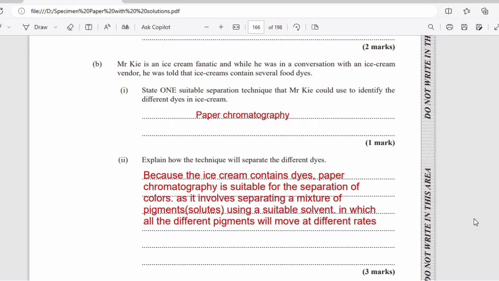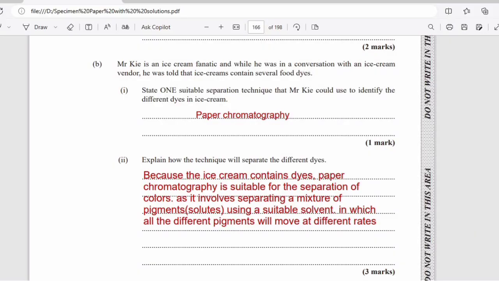It could be water, it could be alcohol, whatever solvent you're using, and you make sure that that solvent does not cross the line or touch your little dye that you're testing, and you leave it there. And what you should see is that over time the colors should be separating or traveling upwards on that strip of paper. Paper chromatography is a lovely lab.